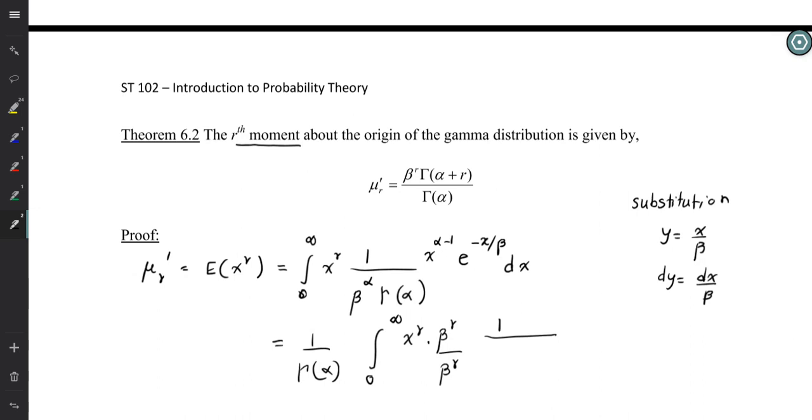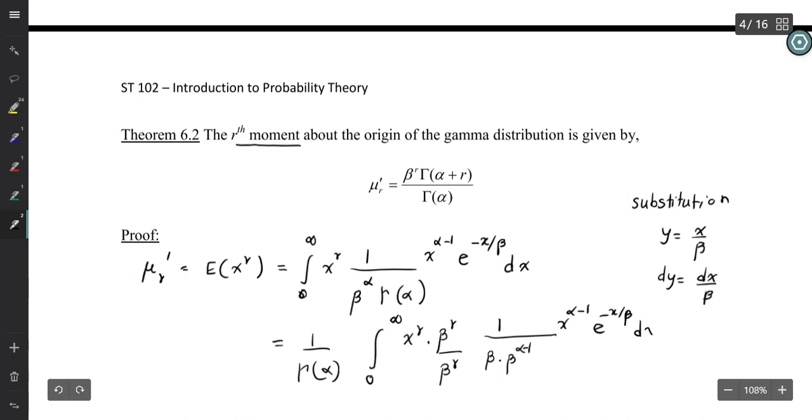And then we need beta to the alpha minus 1. So I'm going to write this as beta times beta to the alpha minus 1. So this is the same as beta to the power alpha. Just took one beta outside. So beta to 1 and beta to alpha minus 1, you get beta to alpha. And we have the rest as it is.